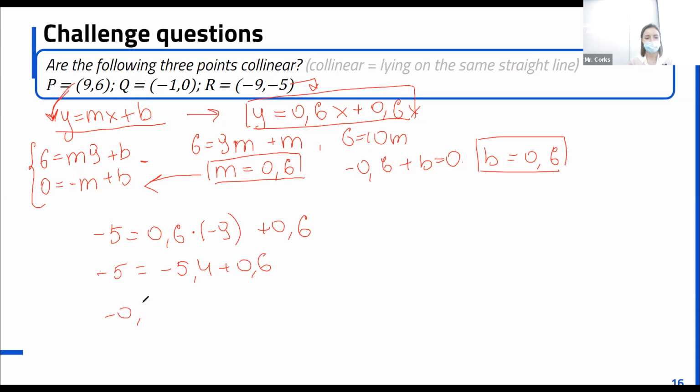So minus 4.8 is not equal to minus 5. So these 3 points do not lie on one line. They do not belong to one line.